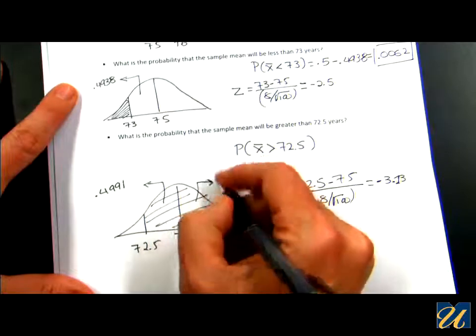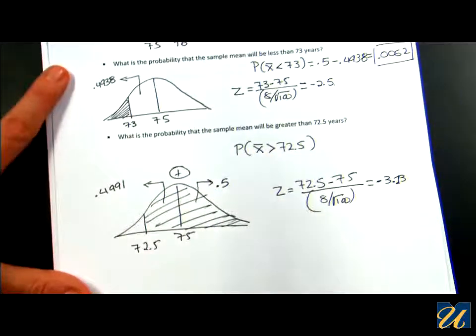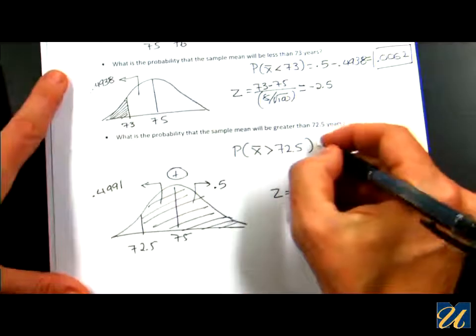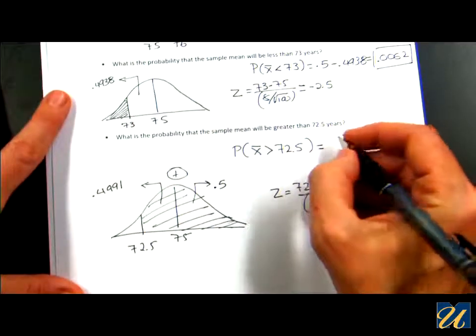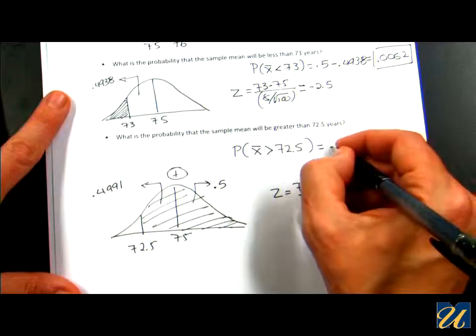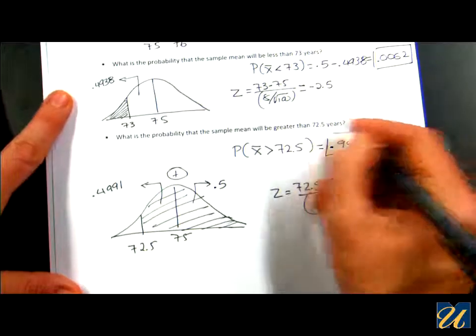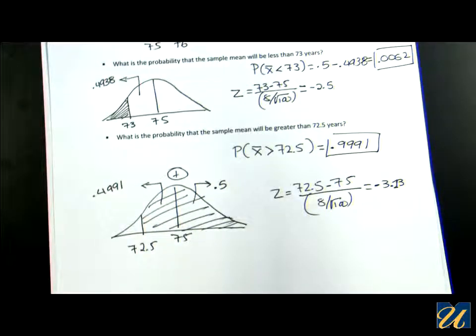This area I already know is 0.5. The mean is inside this area, so I add the corresponding probabilities. So the probability of x bar to be greater than 72.5 will be 0.9991. A very, very high probability of that occurring.